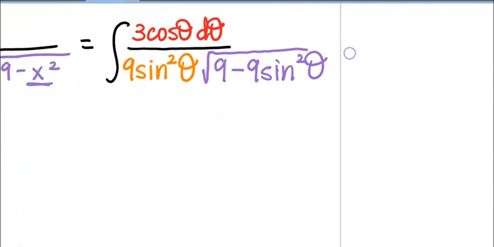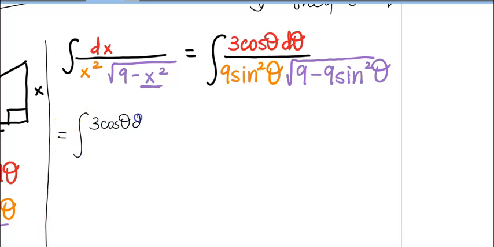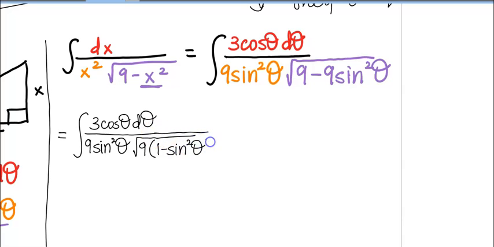So to start simplifying this, we have the integral of 3 cosine theta d theta over 9 sine squared theta. Under that square root, I'm going to factor out a 9, which will leave me with 1 minus sine squared theta. 1 minus sine squared is a Pythagorean identity.